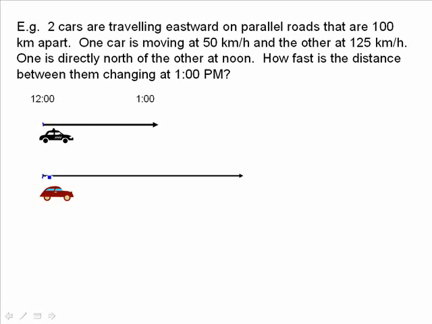It wouldn't make any difference if you reversed it. But we do begin with the one car totally above the other one, and they will be 100 kilometers apart. This distance is not going to change. It's 100 kilometers all the way through, so they'll remain 100 kilometers apart at 1 p.m.